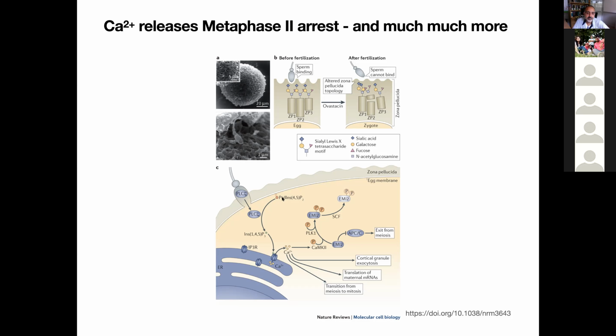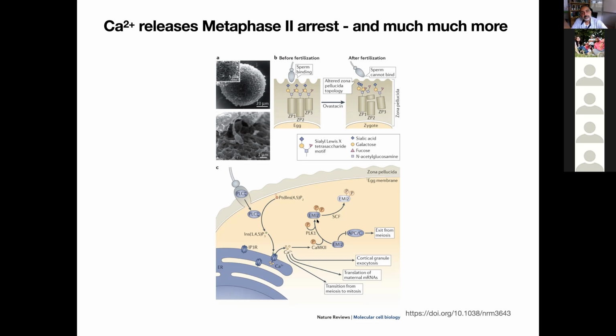This causes the release of IP3 from PIP2 on the egg membrane. This IP3 then triggers the release of store-operated calcium, which sets in motion all of the subsequent steps.